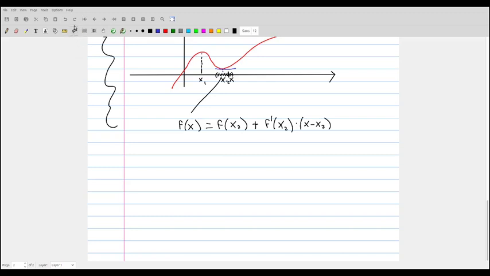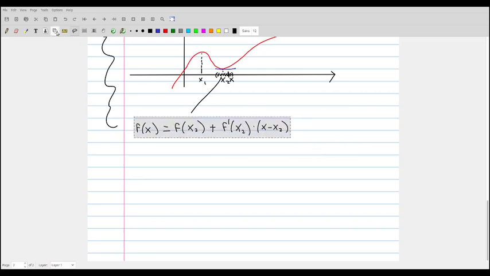We only need to take it out to the third term in the Taylor series approximation, which is the quadratic term, to see what we're about to show. These are the first three terms in the Taylor series approximation of the function.